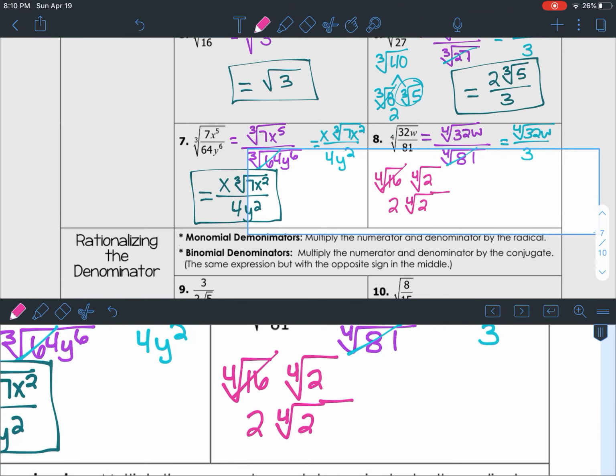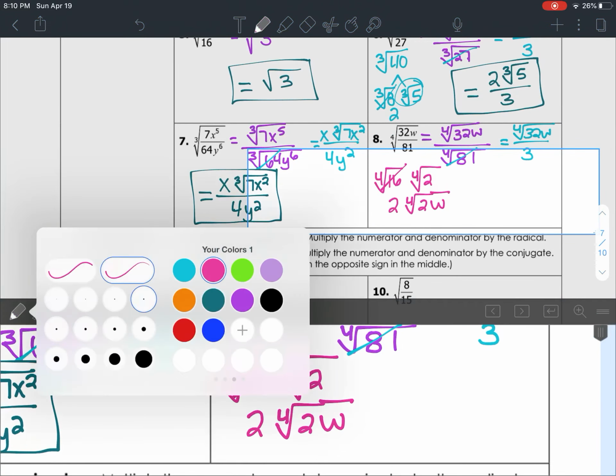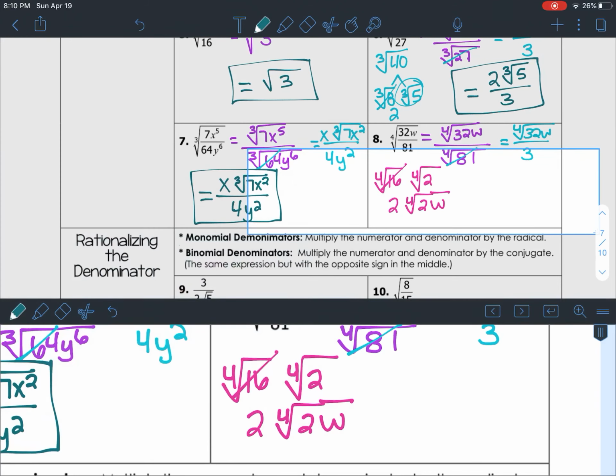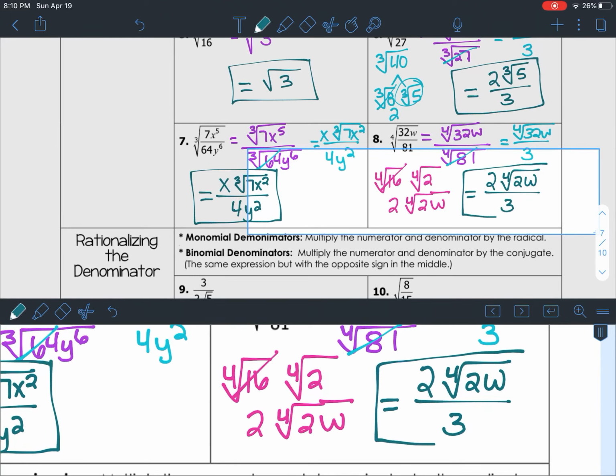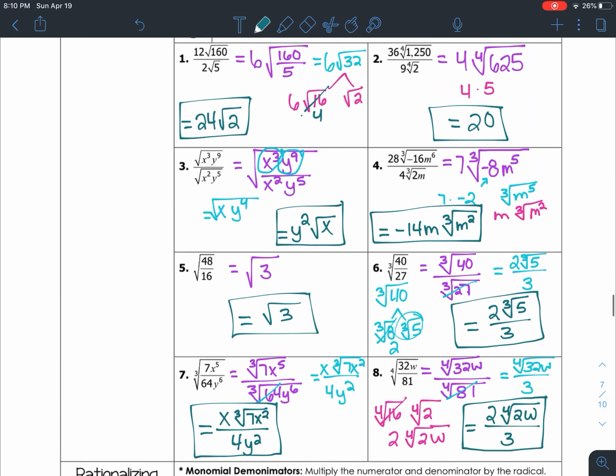But I can't forget about that w, which needs to stay inside because there's not 4 of them to come out. So my final answer for this one is going to be 2, the fourth root of 2w all over 3, because there's nothing more that I can simplify there. 2 and 3 don't go into each other. I can't do anything else with that 2w, so I'm going to keep that.